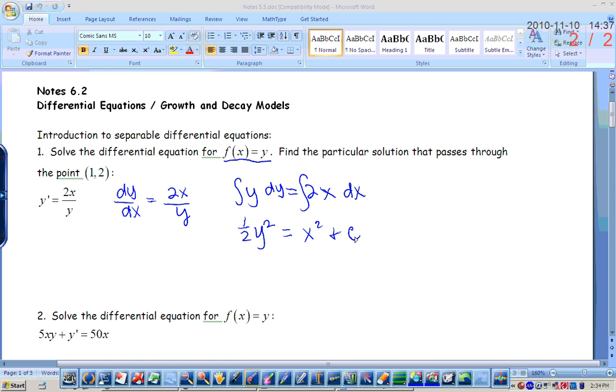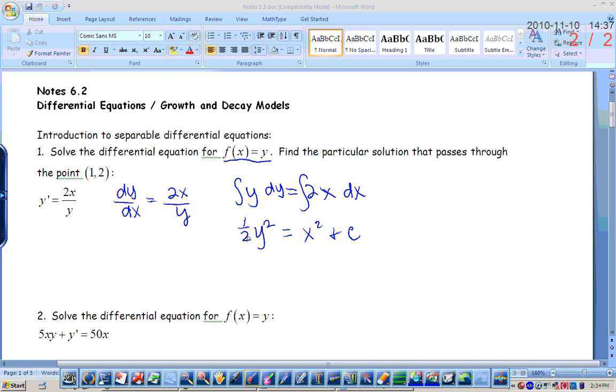Now technically, if you wanted to be perfectly correct, you would add a c on both sides of the equation. We'd have 1/2 y squared plus c equals x squared plus c. But since we have to solve for y, we're going to move that constant over, and if we take one constant on the left and subtract the constant from the right, we still have a constant. So I always just remember you only need to add the plus c on the x side.